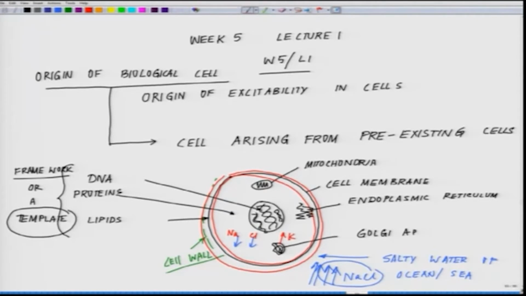Potassium is low outside, and calcium, on the contrary, is high, but there is no free-flowing calcium because it has one organelle called SR, just like ER stands for endoplasmic reticulum, SR stands for sarcoplasmic reticulum.